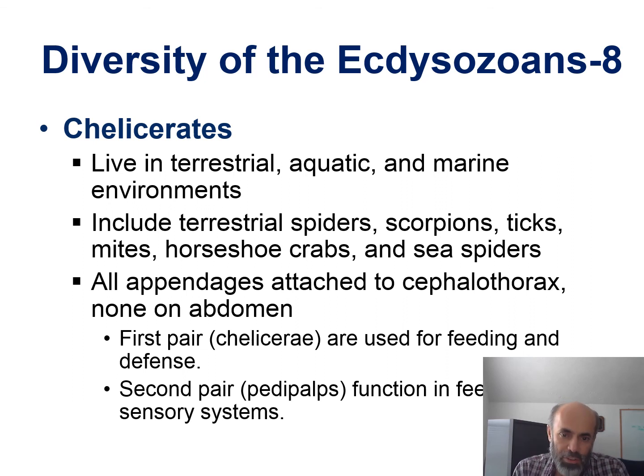The first pair are called chelicerae, and those are usually designed for feeding and defense. So they are much enlarged as compared to the rest of the appendages. Then the second pair, which is called the pedipalp, functions in the feeding or sensory system.